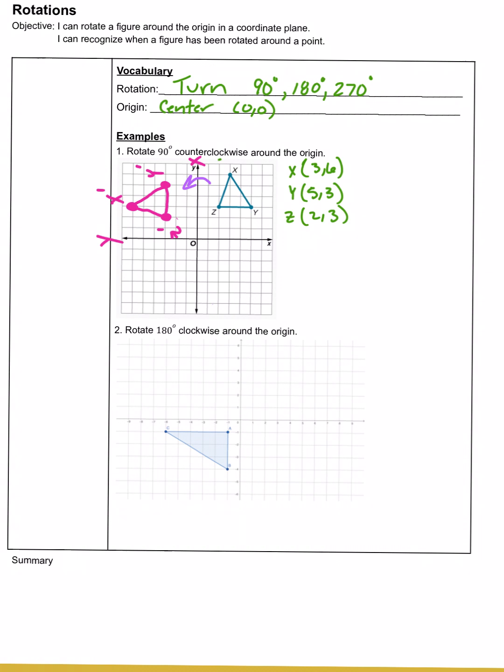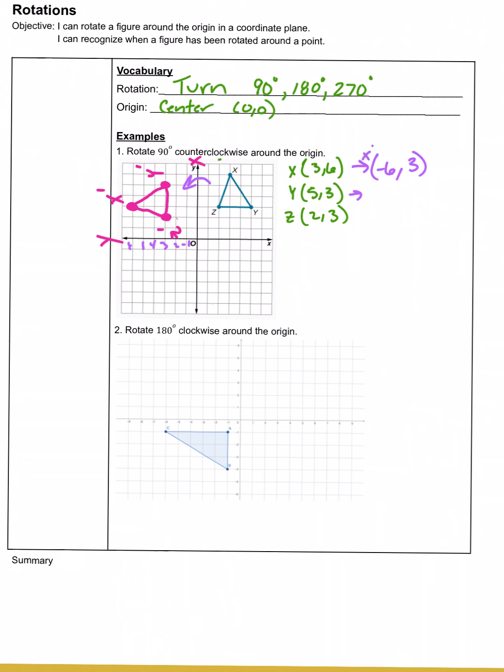And let's look at what our ordered pairs are for our new shape. So x was 3, 6. Now x is at, let's see, negative 1, 2, 3, 4, 5, 6. Is that negative 6, 3?